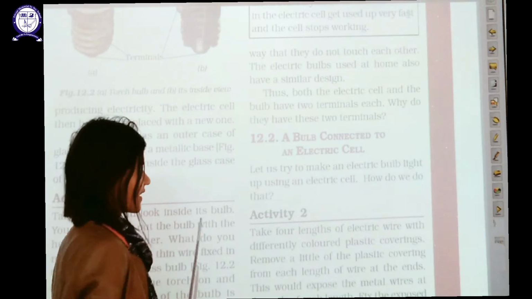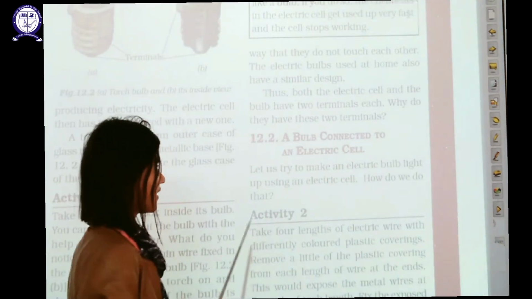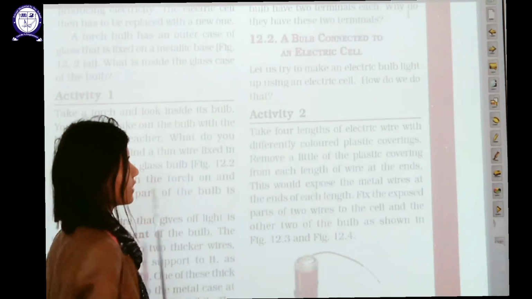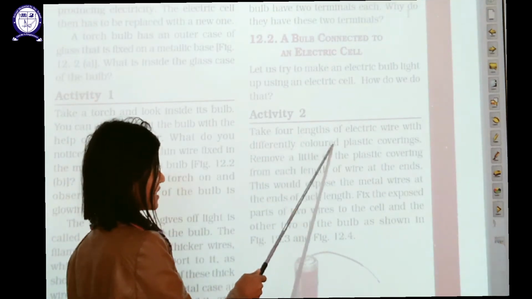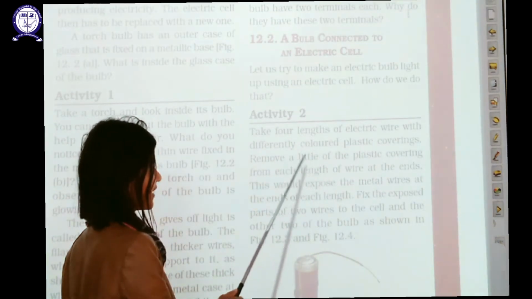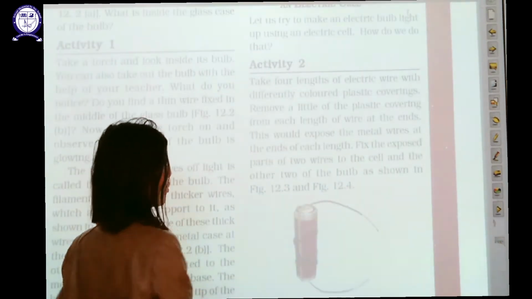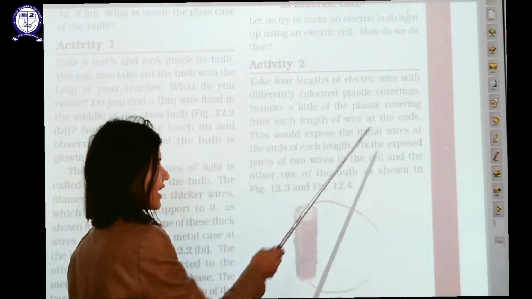Bulb connected to the electric cell. Let us try to make an electric bulb light up using an electric cell. How do we do that? Take four lengths of electric wire which are different in color and have a plastic cover. Remove a little of the plastic covering from each length of the wire at the end.